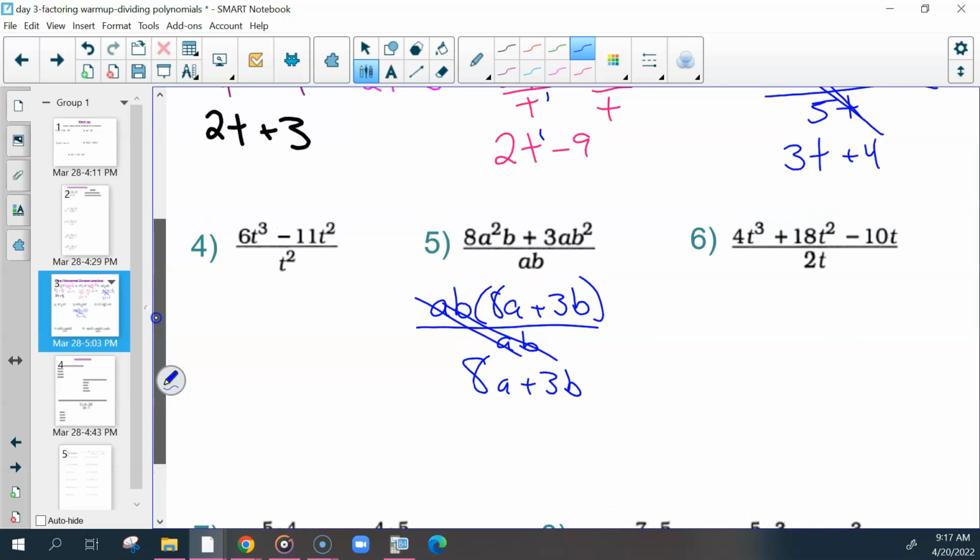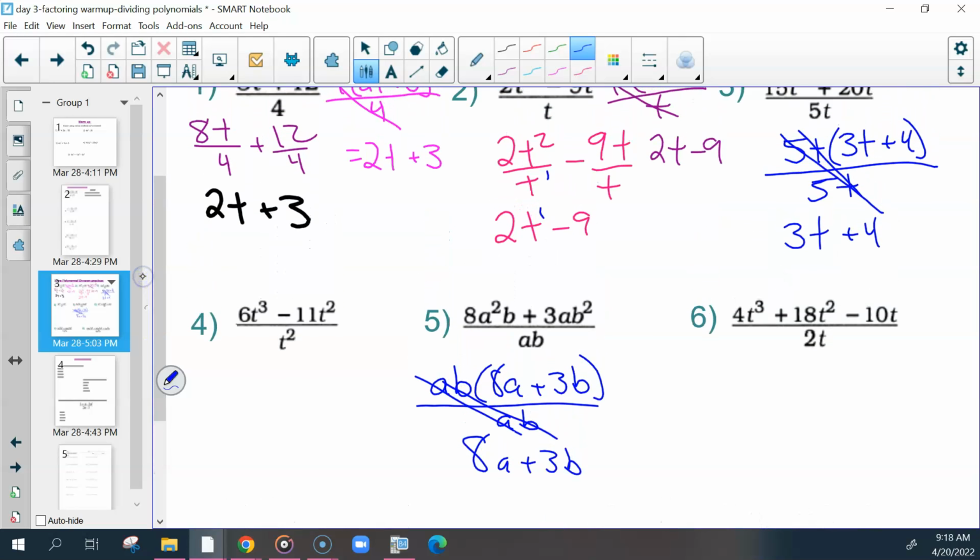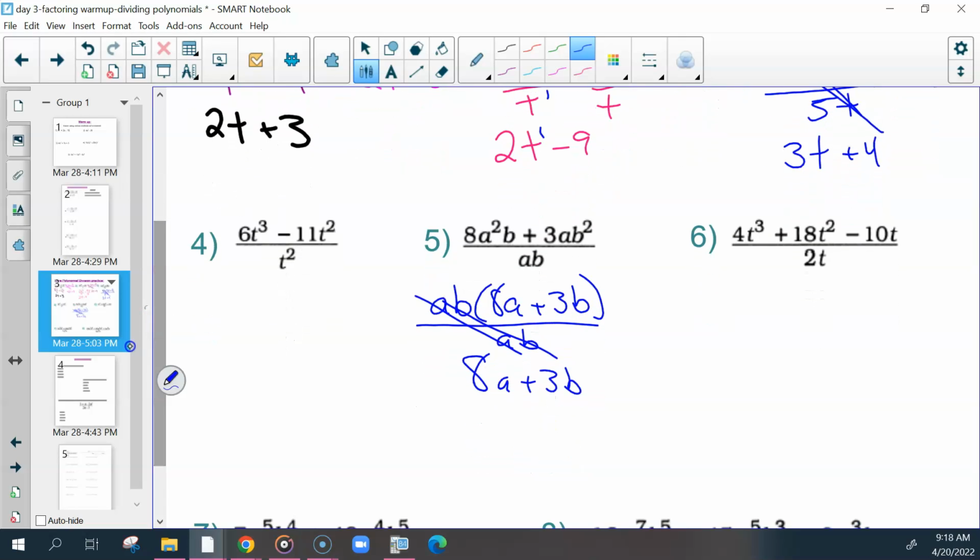Equal or higher. Okay. We're gonna do number 6 and then do one of the bottoms and then move on to the other page. Number 6, what does the top have in common? 2 and t.